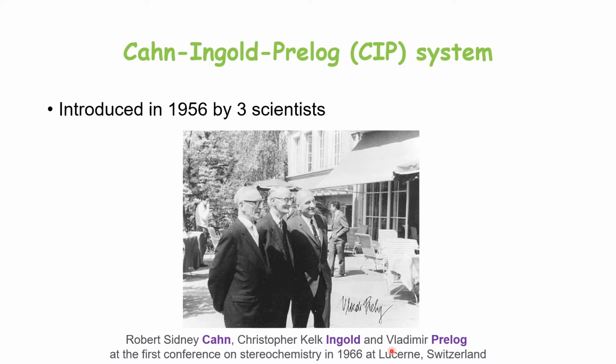Cahn and Ingold both were British chemists and Prelog was a Swiss scientist. Together they proposed some sequence rules and procedures for assigning configuration. This rare picture was perfectly photographed at the first conference of stereochemistry in 1966 in Switzerland.